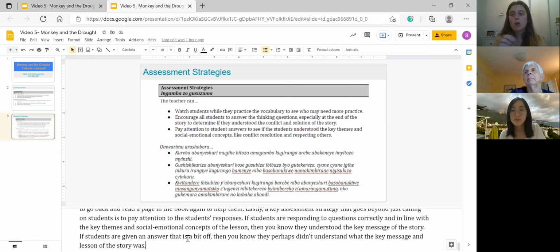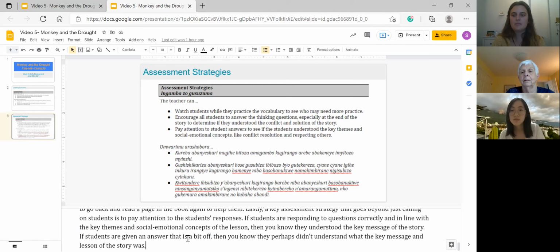If you have them draw or write about certain things, like if you do a sequencing activity, instead of having them answer in a whole class, you can have students just write their sentences or draw a picture about what happens first, next, and last. That's also a good way to make more students feel comfortable and to assess whether or not they're understanding the story and things like that. So those are some other good ideas.